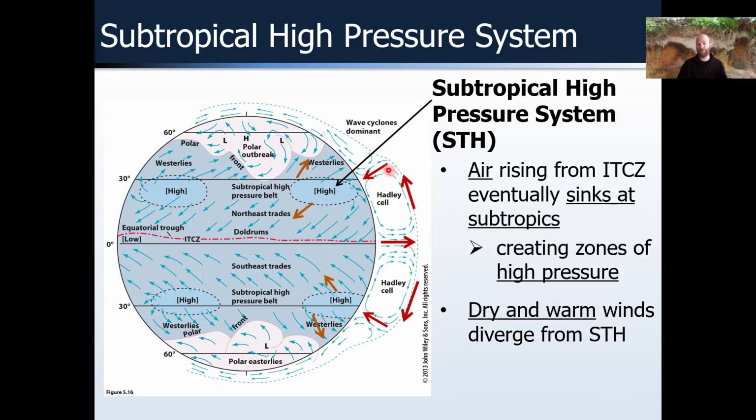Then the reverse: we have that air now descending, and as it's descending, it's becoming more and more pressurized, and it's heating up literally. As you add more pressure, those molecules are moving more, and it actually becomes warm air, and warm air holds more moisture than cold air. And so you have these clear, warm, hot, sunny skies persisting because warm air can hold so much more moisture than cold air.